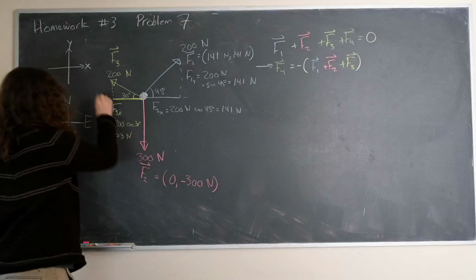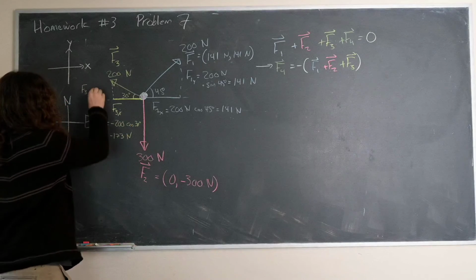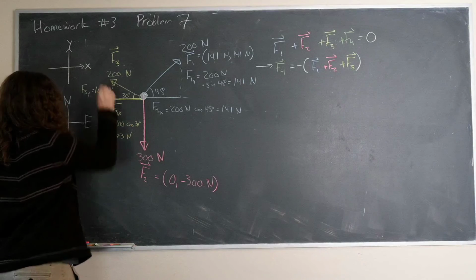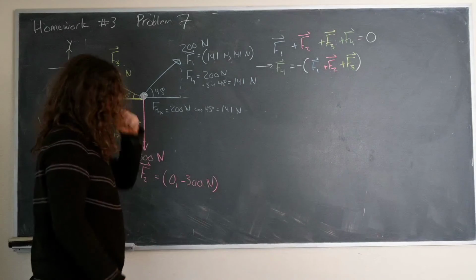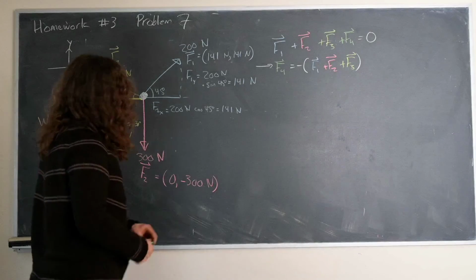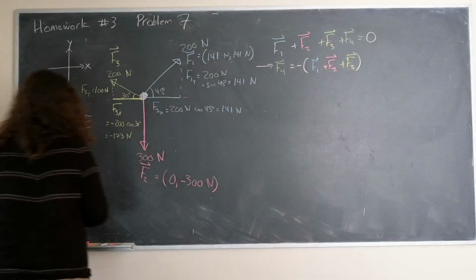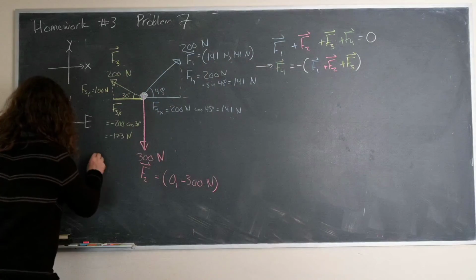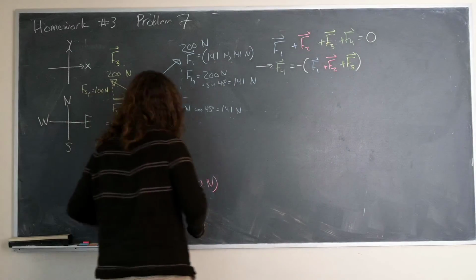F3y is 100 newtons, because the sine of 30 degrees is 1/2. Now, there are a bunch of ways you can write this and organize it. Let's just write right down here, we'll collect it over here.